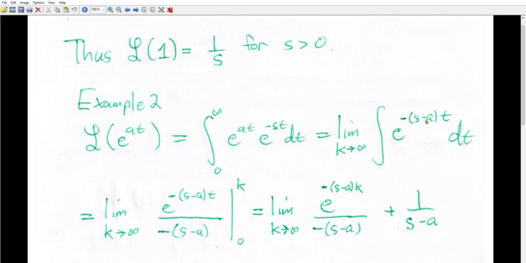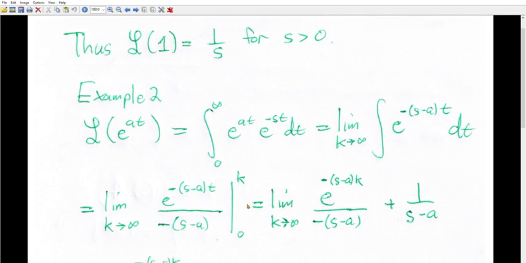And now when we integrate this, this is just what we did before. The antiderivative is going to be e to the minus (s minus a)t over minus (s minus a). Same idea as we had previously. Between 0 and k, limit as k goes to infinity, we just evaluate at the various limits. We get this expression plus 1 over s minus a, which is this thing at 0, which is 1 over minus (s minus a), and since it's the bottom limit, you subtract it.